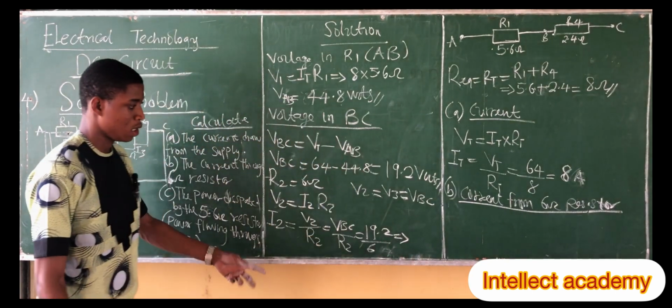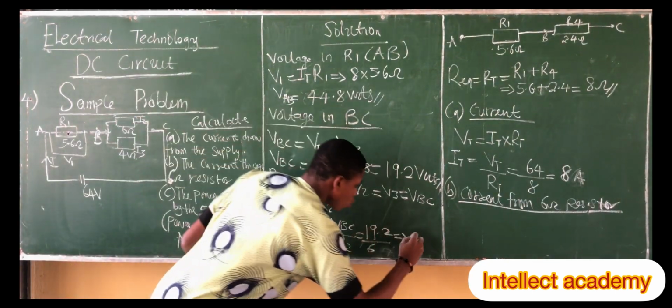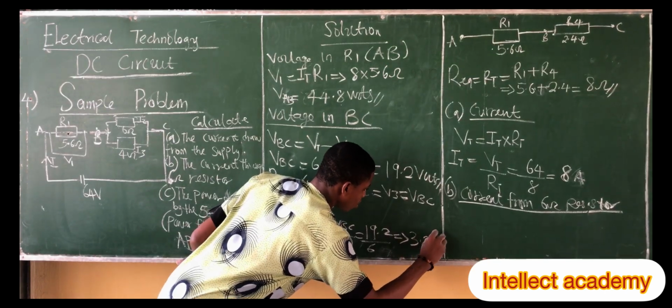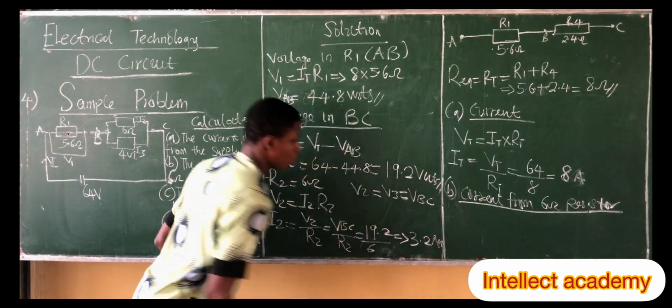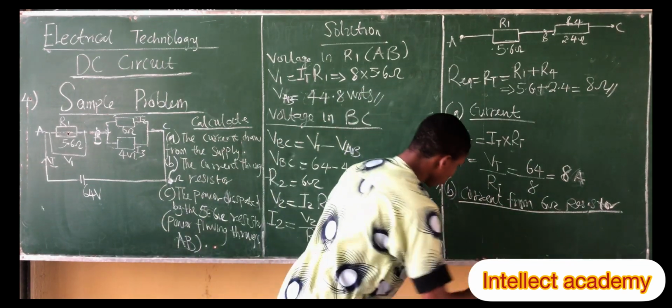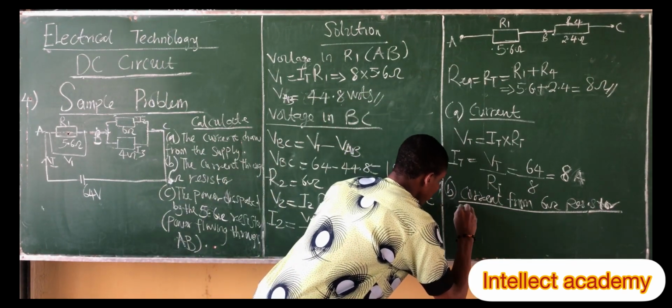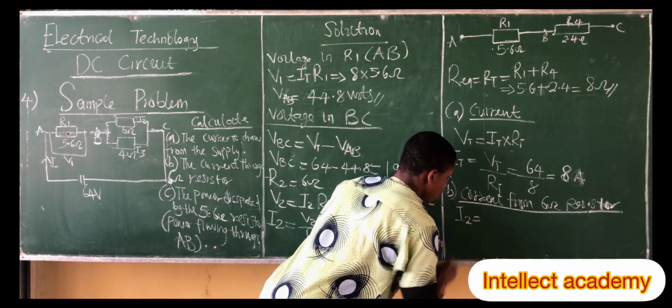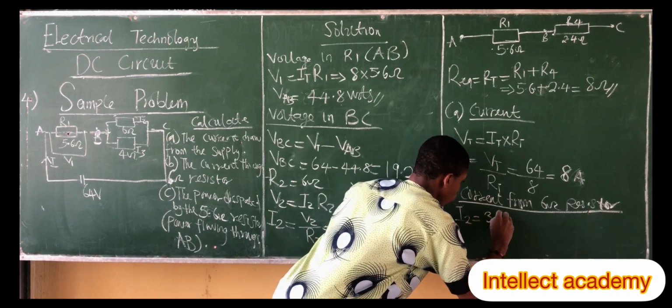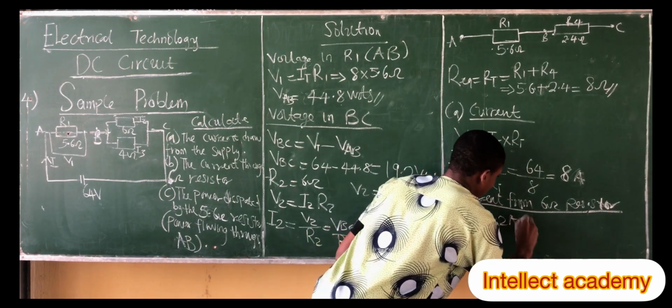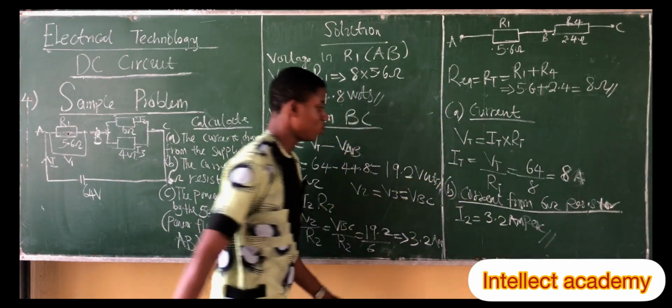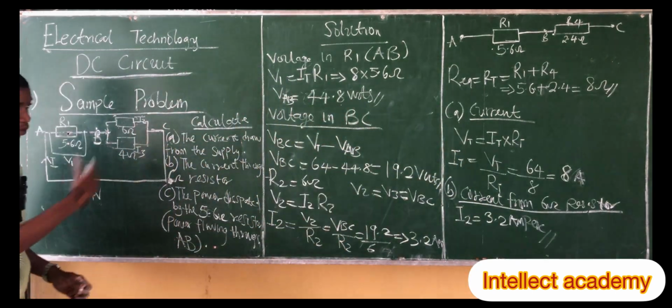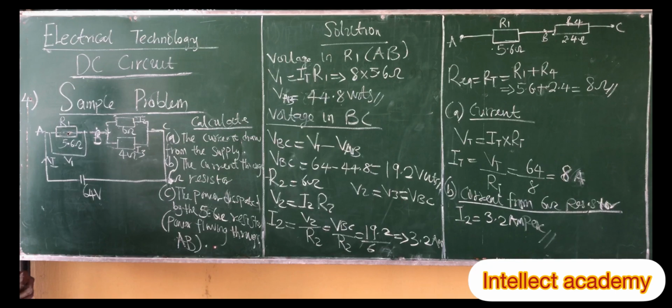So we have 3.2 ampere. So take note, the current flowing through the 6 ohm resistance, which is the current in the R2 resistance, is 3.2 ampere. So this is how we calculate the current flowing through the 6 ohm resistance.